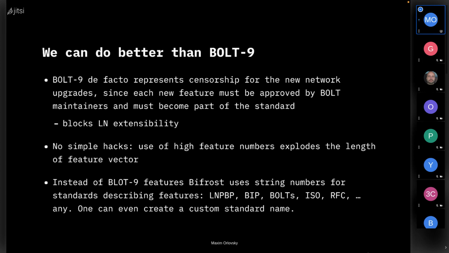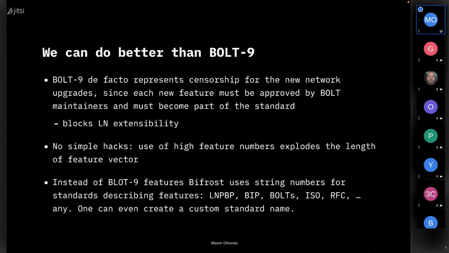We ended up in a situation where, whenever we need to introduce new functionality into the Lightning Network, we have to go through peer review of the Lightning Network standards, and we basically have to modify Bolt 9, because it explicitly says that all custom values are invalid and break the protocol.